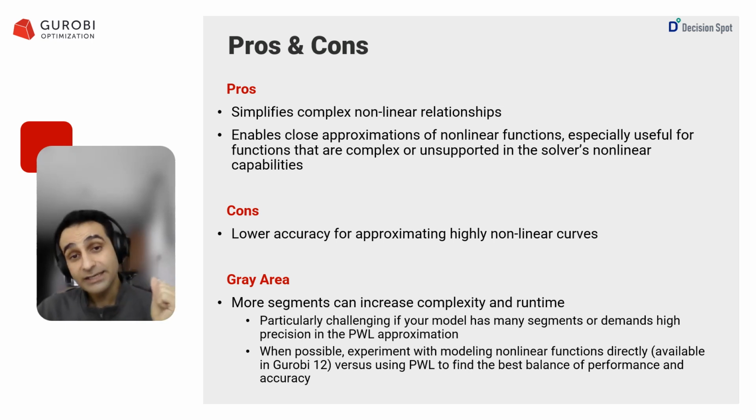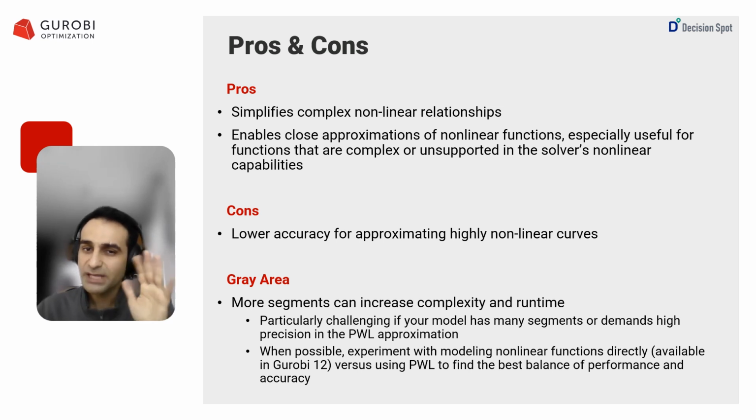Now, on the downside, approximating highly nonlinear curves with piecewise linear functions means sacrificing some accuracy. When we have sharp curves or intricate shapes where capturing the details matters, then linear segments may struggle and not be as precise as a true nonlinear approach.